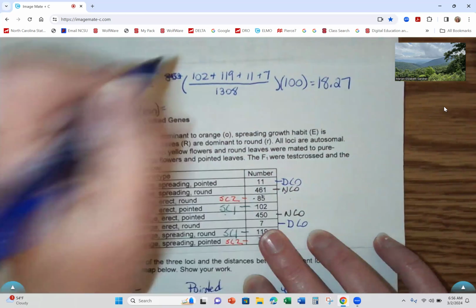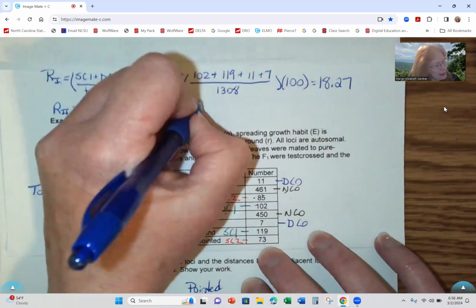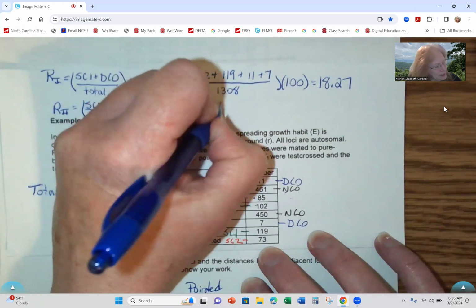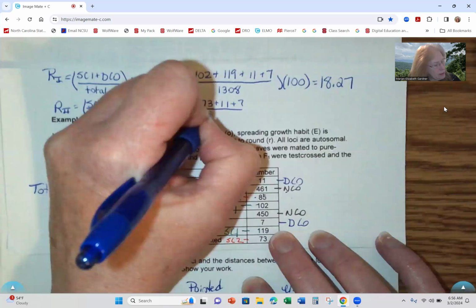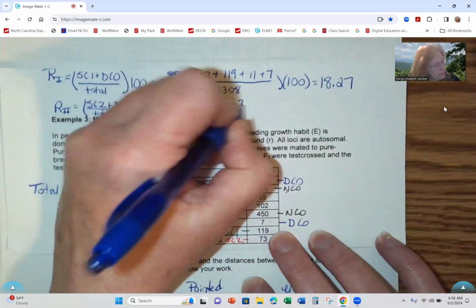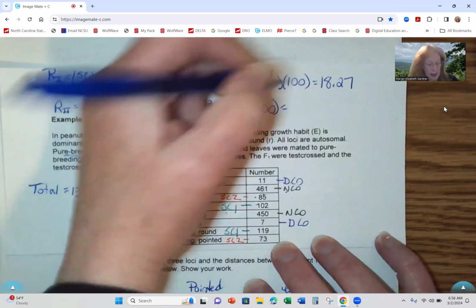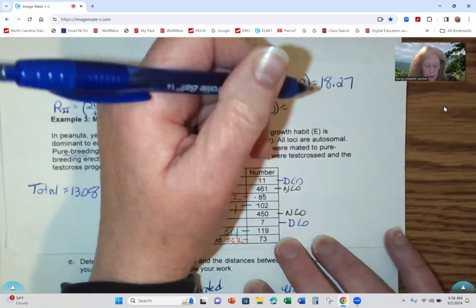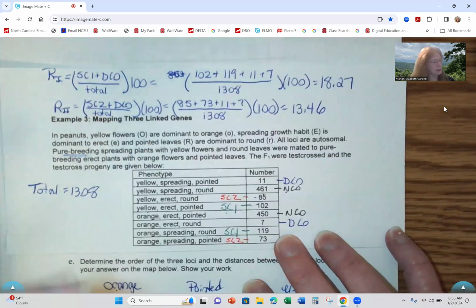Now I have my 85 and the other SC2 is 73. Still the doubles of 11 and 7. Still the same total of 1308. And we multiply that times 100, and it comes out to be 13.46.